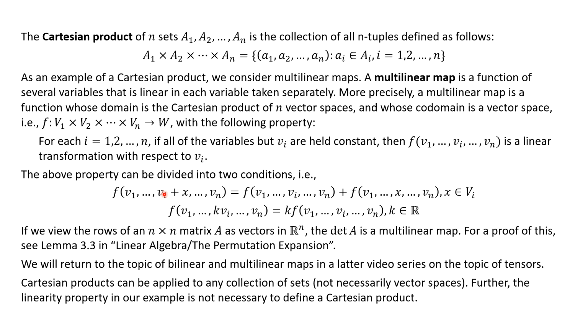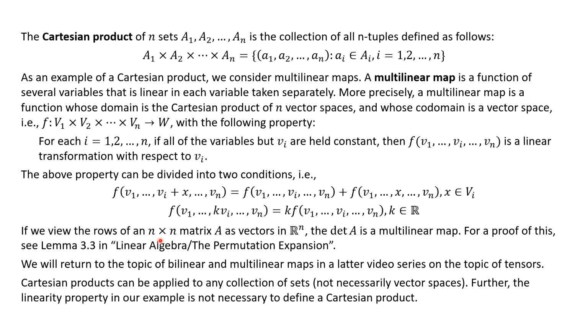So if we hold everything constant except for the ith term, vi plus another vector can be broken into this sum, and you can also have the property of factoring out a scalar. Again, everything except for the ith term is held constant, and that's true for every i from 1 to n. So it's linear in each vector space, with the other ones being held constant. That's why it's called multilinear.